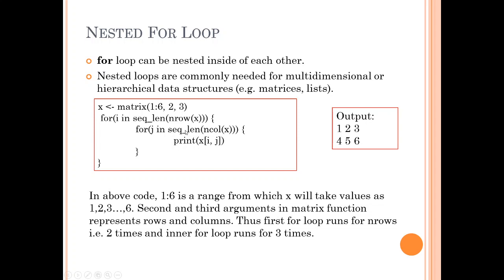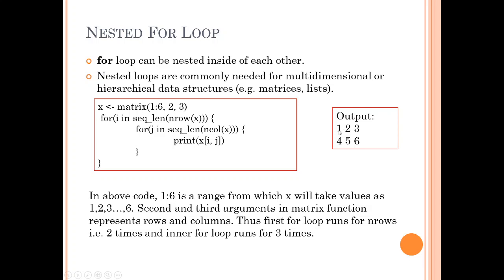There are 3, so this function will take value 3, and j will run 3 times. So for each iteration of the outer for loop, the inner for loop runs 3 times, and this kind of output will be given to us.